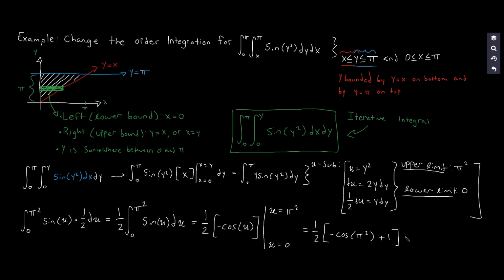But then this is the same thing as 1/2 times 1 minus cosine of pi squared. And so that's our answer to this problem.